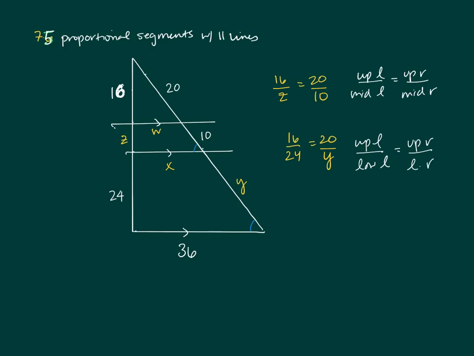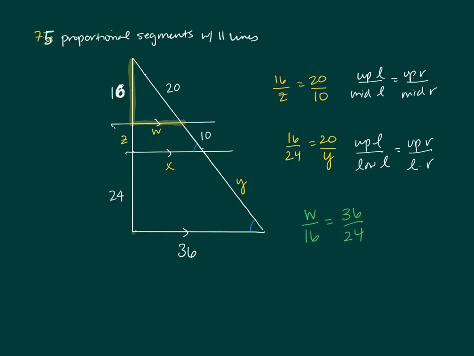The only place you have to be careful is when you're talking about the base of the triangle or the parallel lines themselves, and it's because when we're talking about the sides, we are able to just use parts of the sides. But if we wanted to solve for W and we said something like W over 16, we don't want to be tempted to say equals 36 over 24, because what you're actually doing in this proportion is you're saying I'm taking the base of my triangle and I'm putting it over the entire side of the triangle.